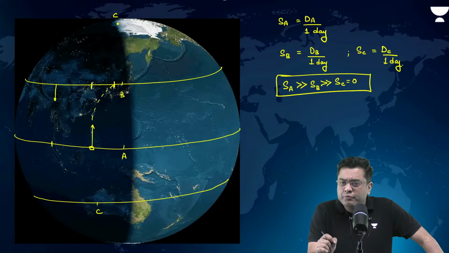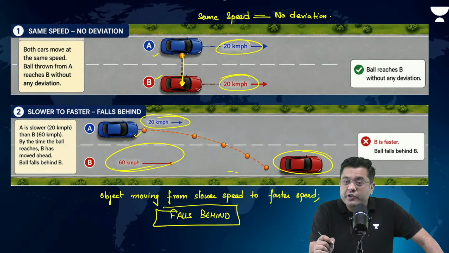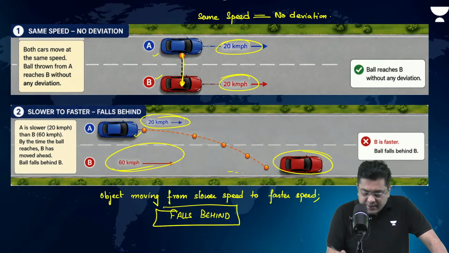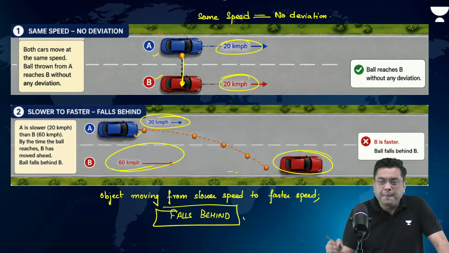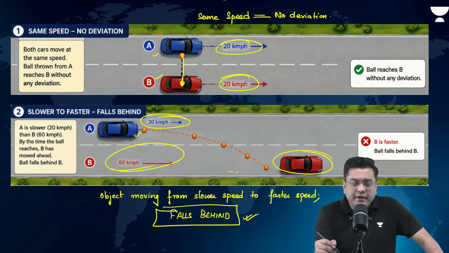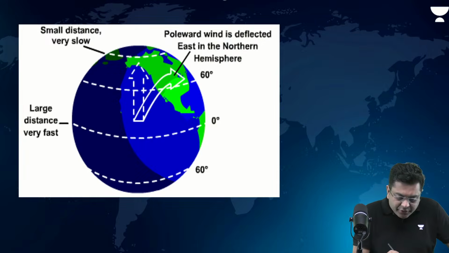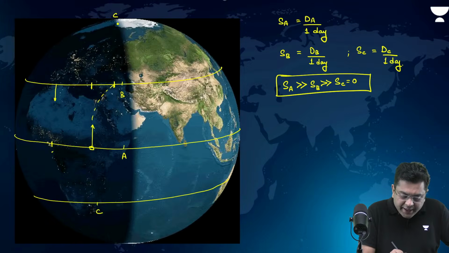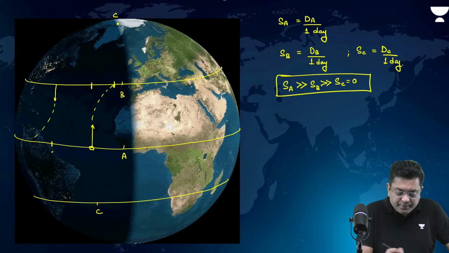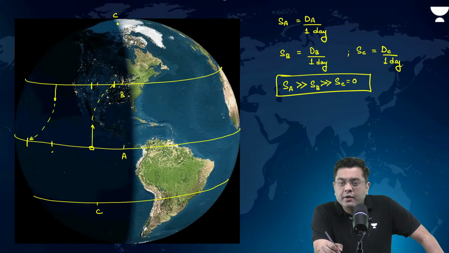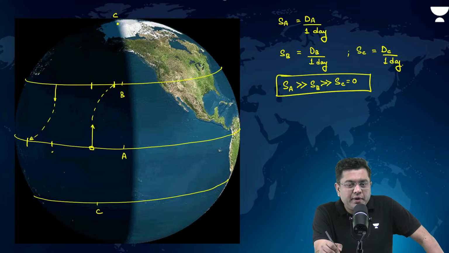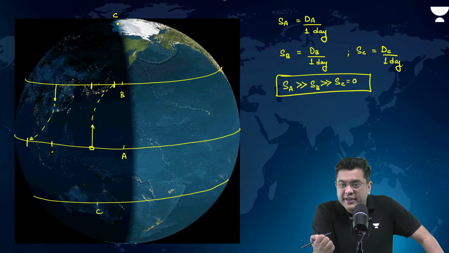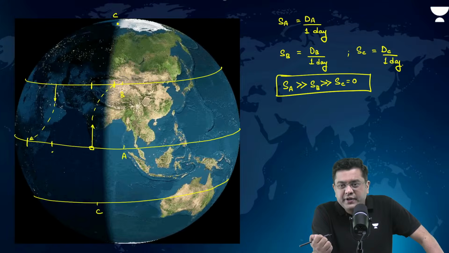So it is the case of movement from slow to fast. What was our conclusion from slow to fast? It falls behind, isn't it? Rather than reaching here, it will fall behind somewhere. What is this deviation? This is your rightward deviation, isn't it?